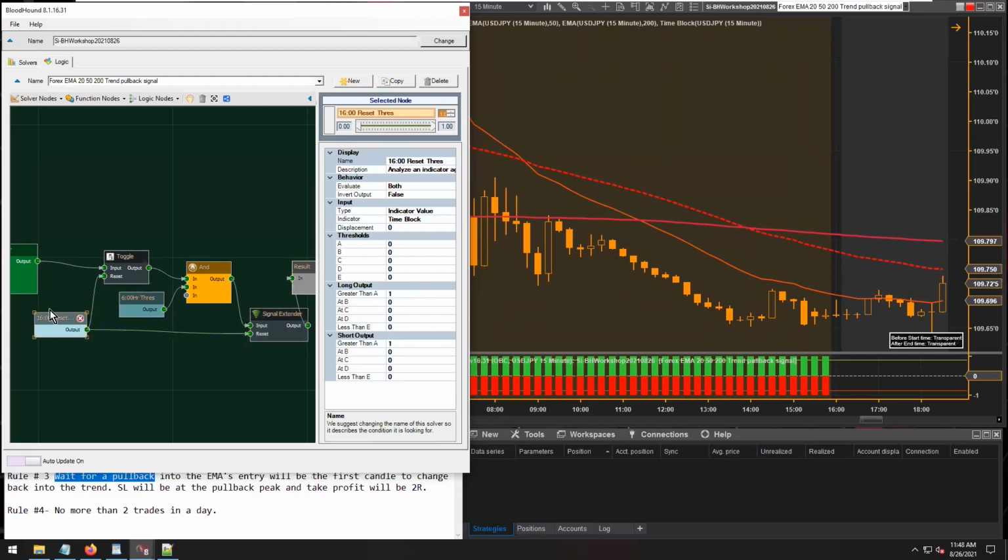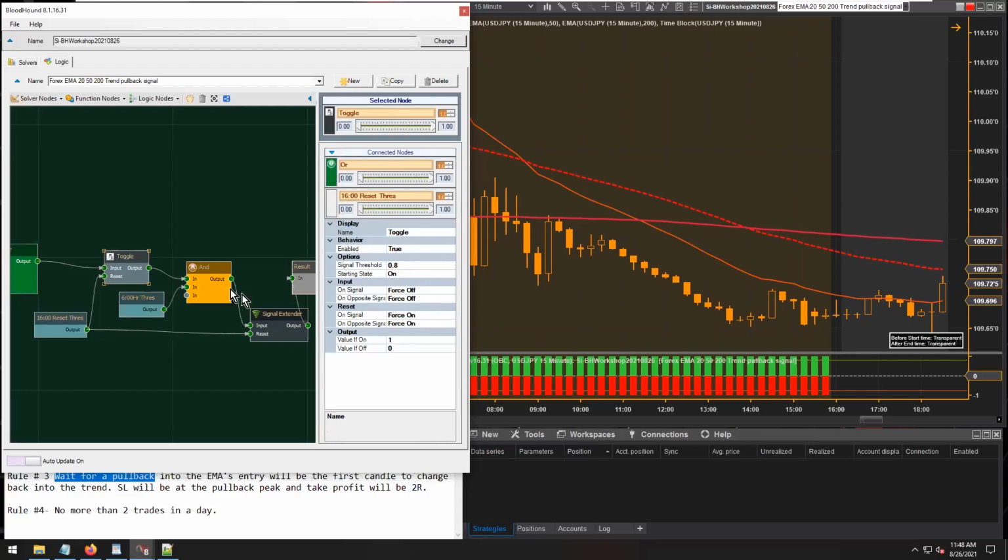We need to delay this by 1 bar, so the signal extender doesn't turn off on that bar. So it's a little different from the toggle node. The toggle node gets reset after the reset signal, right?